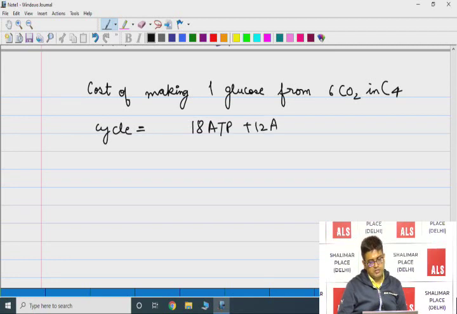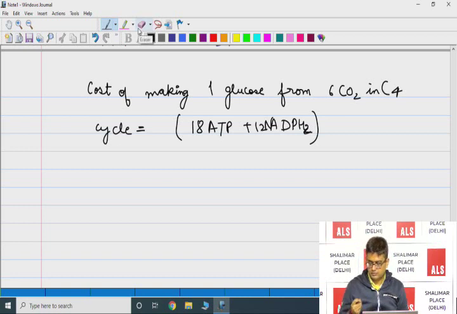This is fixed. It is from the C3 cycle only.